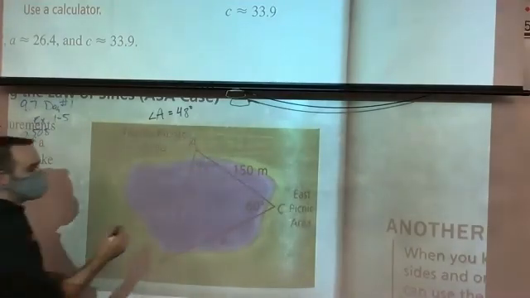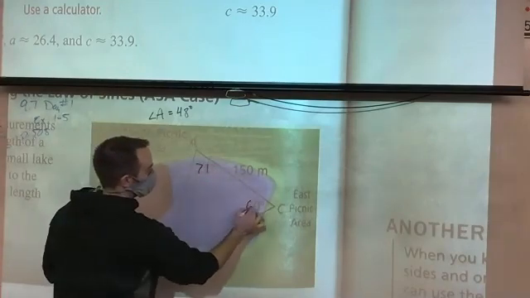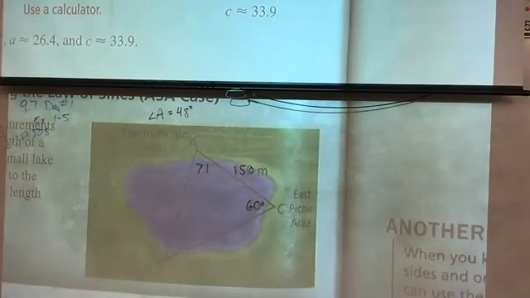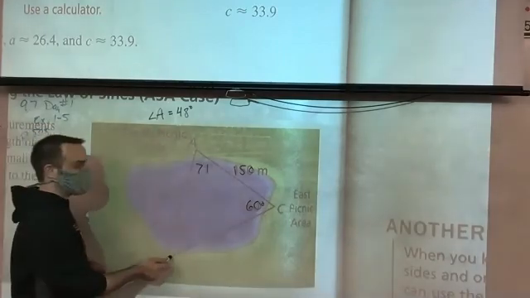But they give us a 71 here, 60 here, and 150 here. So right now, we don't have any pairs that match up, right? We don't have a side and an angle. We can easily get there though. Triangle sum theorem, we can get angle B. So we would have to do that first.